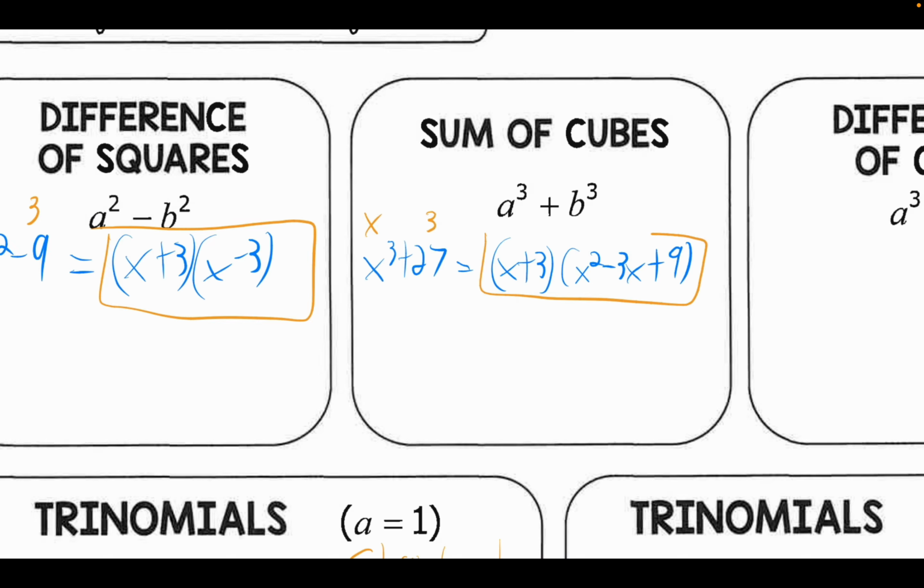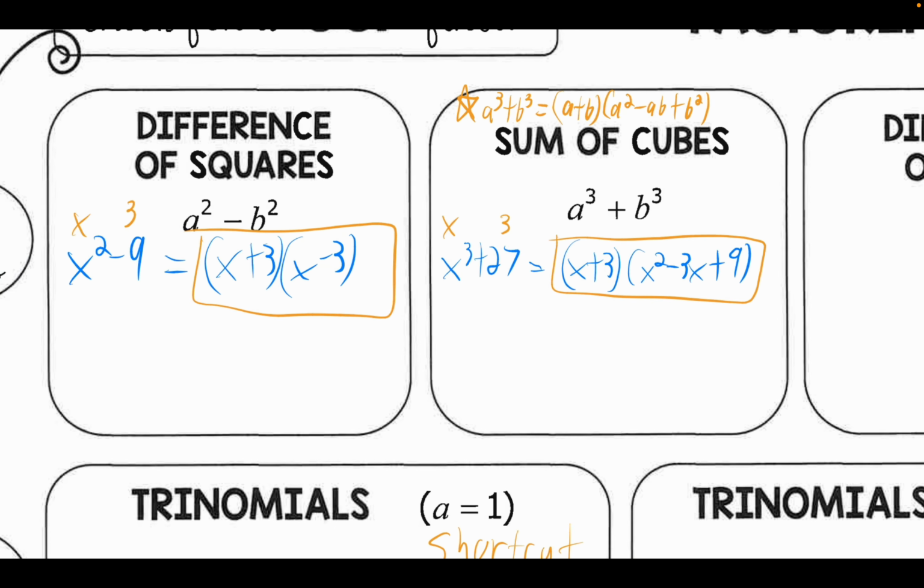And it may be helpful to write down the rule here somewhere. So maybe I'll write it up here, that a cubed plus b cubed gives us a plus b, and then a squared minus ab plus b squared. I'll do the same thing for the difference of two squares. I don't have room up top, so I'll write it down here.